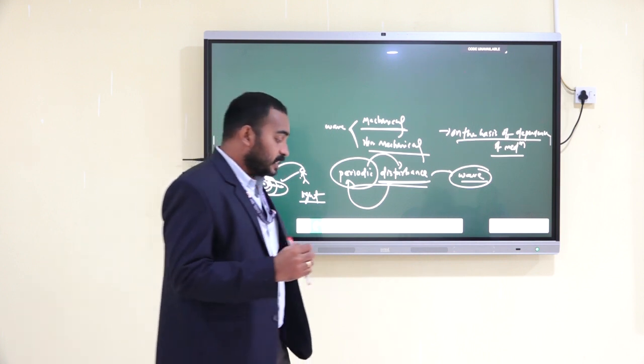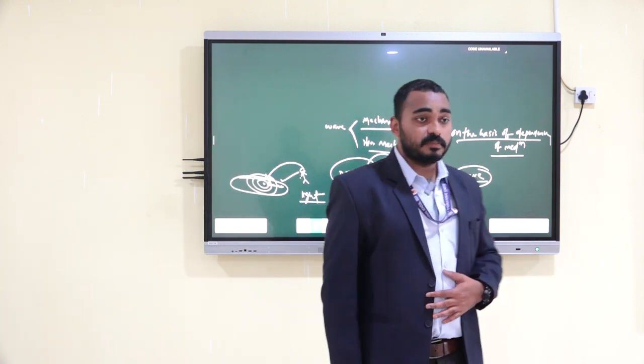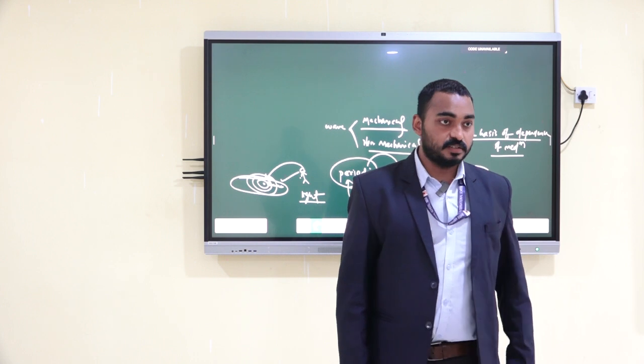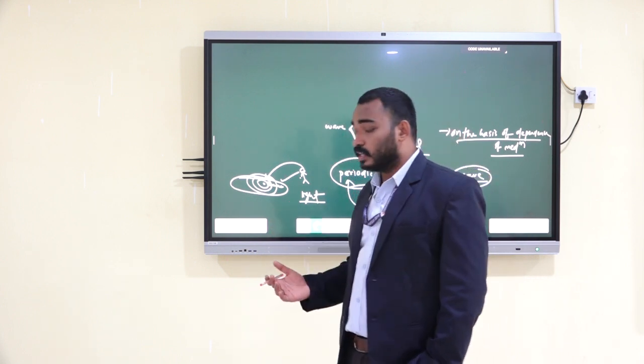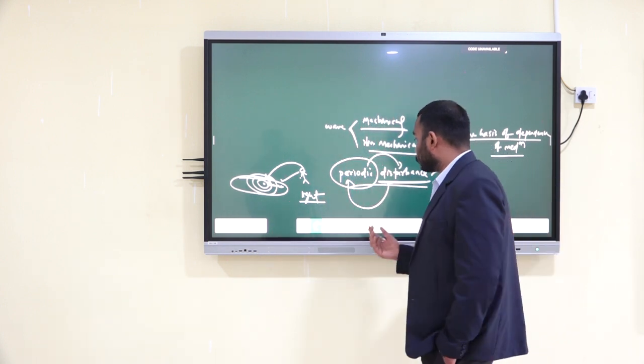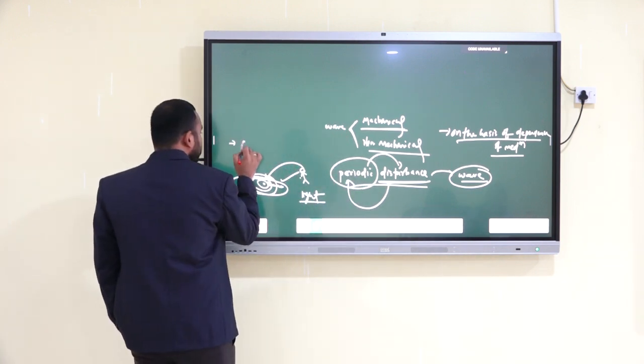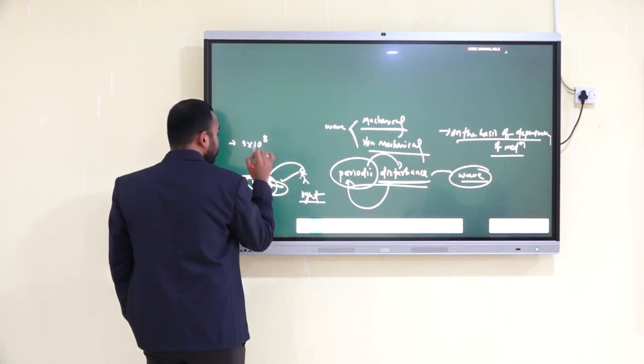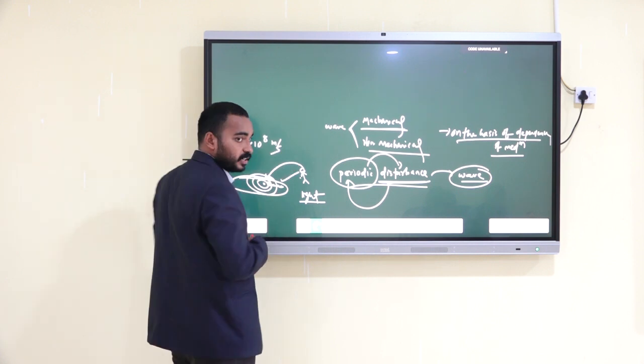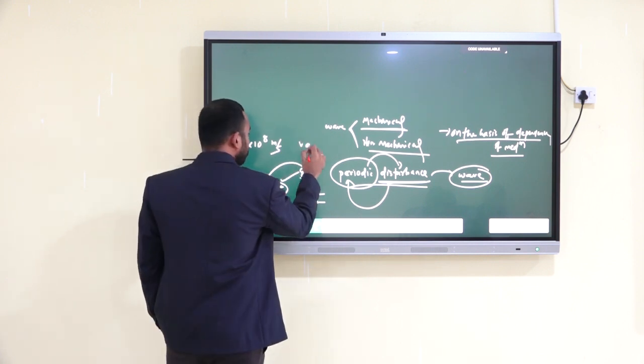Without a medium, light will travel the fastest. Whenever we are dealing with numericals or the theory of relativity, the speed of light that we take is 3 into 10 to the power 8 meter per second, in the case of vacuum.